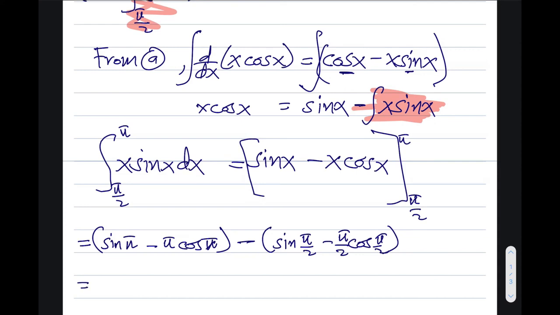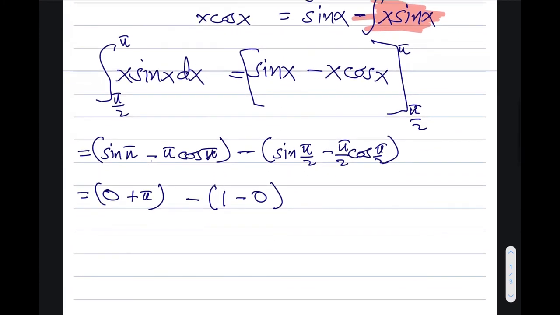So now sine pi is 0, then cos pi is -1. Cos pi is -1, so times negative pi will give you positive pi. Now sine pi on 2 would give us 1. Then since cos pi on 2 is 0, that part will be 0.